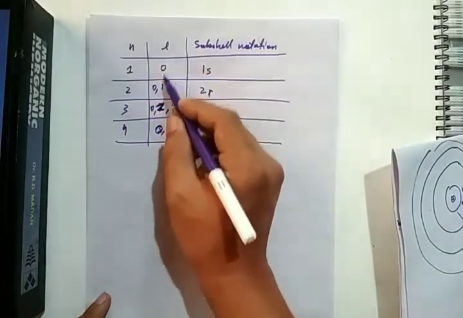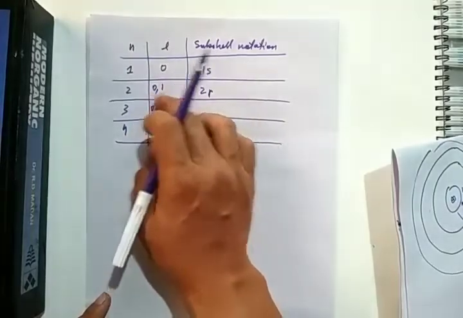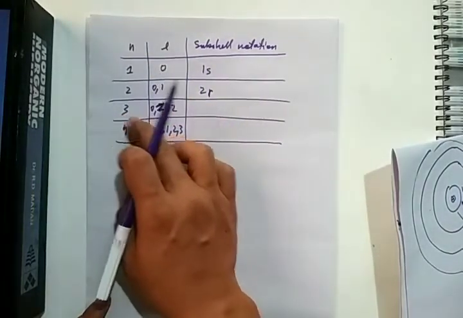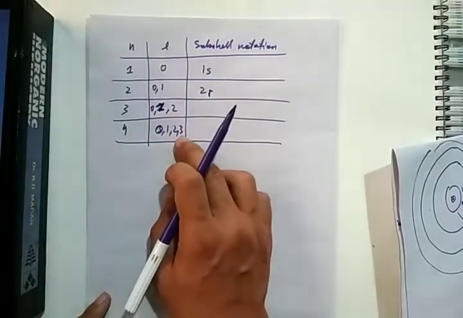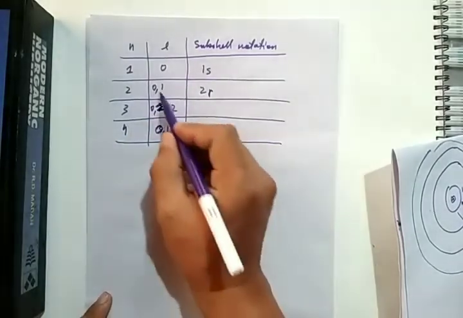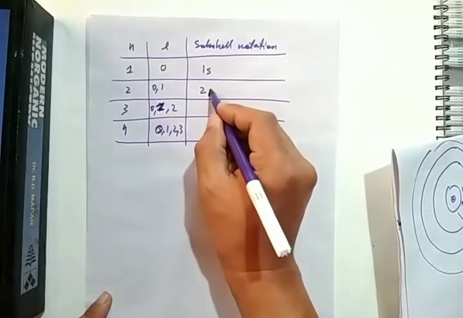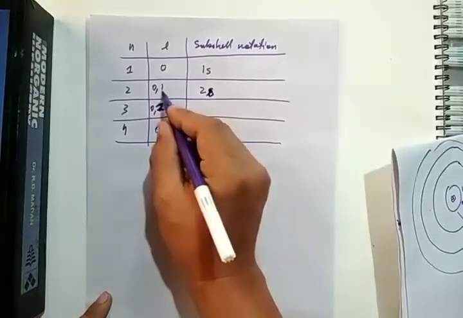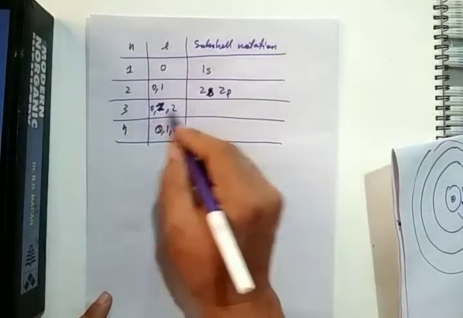For n equal to 2, there will be two values, 0 and 1. For 3, it is 0, 1, 2. And for 4, it is 0, 1, 2, 3. For 0 we know the orbital will be s, so we write 1s. For n equal to 2, 0 gives 2s and 1 gives 2p.